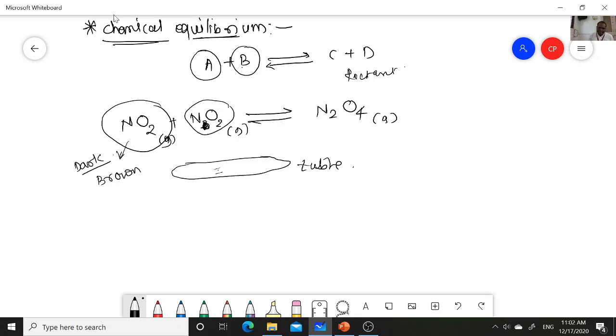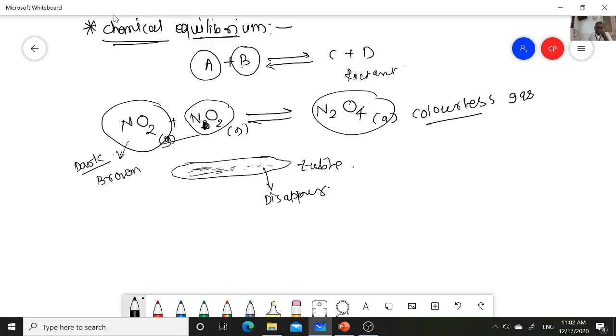At the initial stage, in the evacuated glass tube, this dark brown color disappears, and this colorless gas N2O4 is formed.